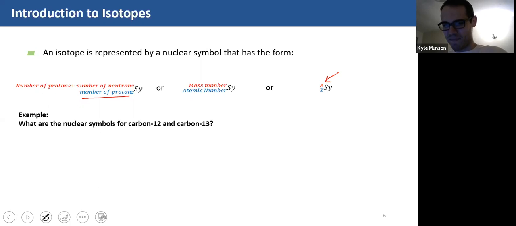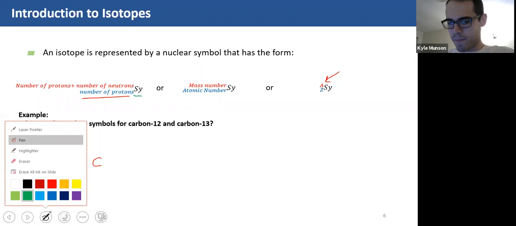It's all good. So what are the nuclear symbols for carbon-12 and carbon-13? Or actually, I should say isotopes. They're the same element, different isotopes. If we follow the rules, we're going to write down its element symbol, represented by this SY.